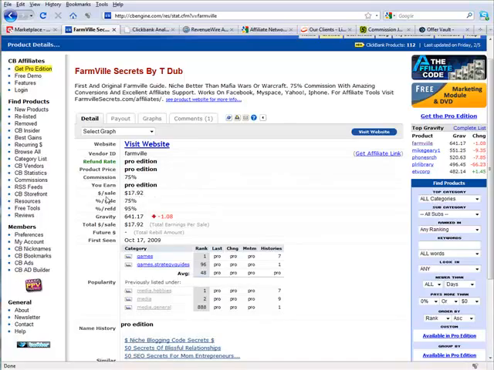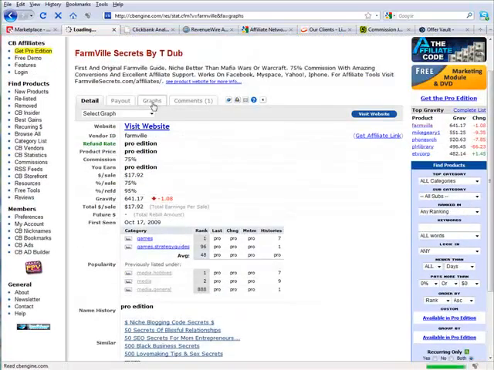So you can see the dollar per sale, the percentage sale, how much of the traffic is being referred, and as well, you can see when this offer was released. So since October of 2009, basically about 3.5, maybe 4 months since this offer was released, it's gone from 0 to a 641 gravity, which, like I said, is just huge.